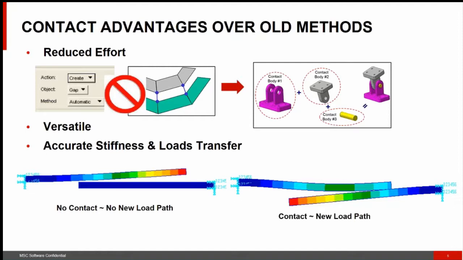Contact gives us this advantage to understand the load path better, and it can be used to accurately find out how the load transfer happens between different components. Also, with MSC Nastran contact, the moment transfer between shells and beams to solids is also included. That also gives more accuracy when it comes to analysis.